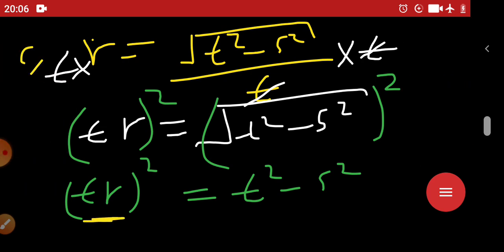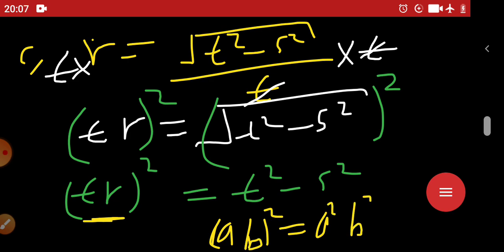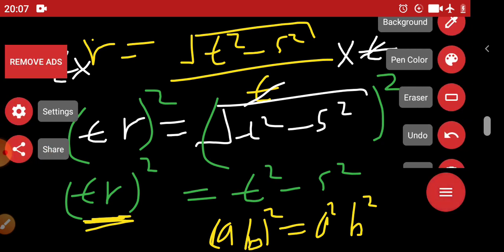Here we need to take the power of 2. That's where you apply this rule: if you square a times b, you have a squared times b squared. So we have tr squared is equal to t squared minus s squared. So let's quickly go over that.